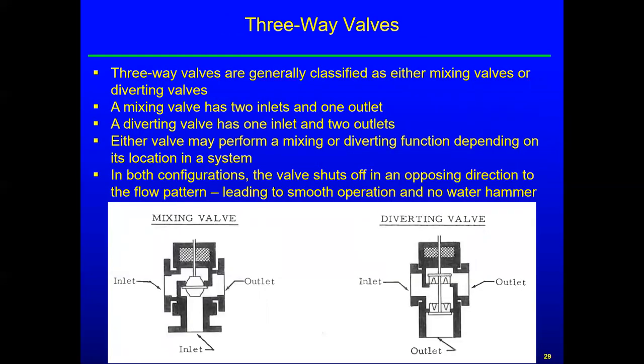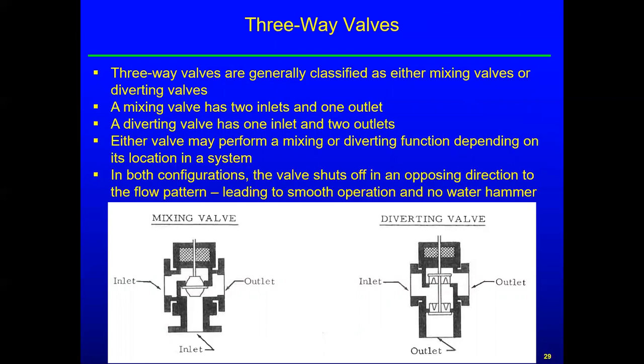Okay, we have three-way valves, and they come in two varieties: the mixing valve on the left and the diverting valve on the right. You see on the mixing valve, we have two inlets and one exit, and on the diverting valve, we have one inlet and two exits. Either one can be employed in a system.